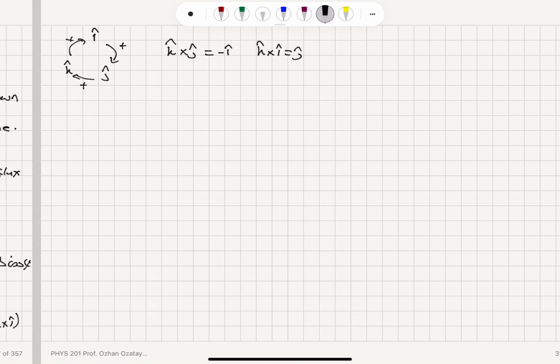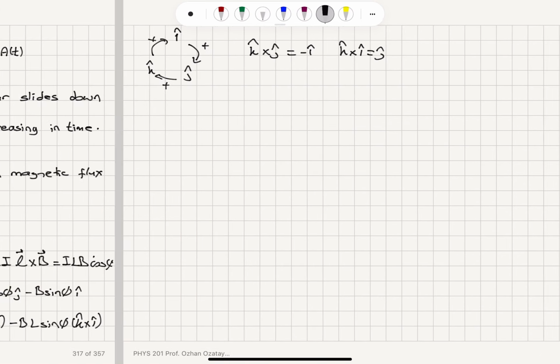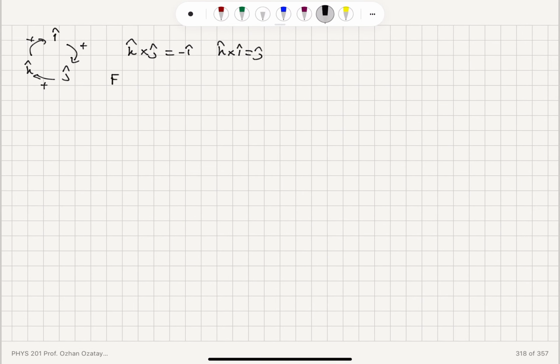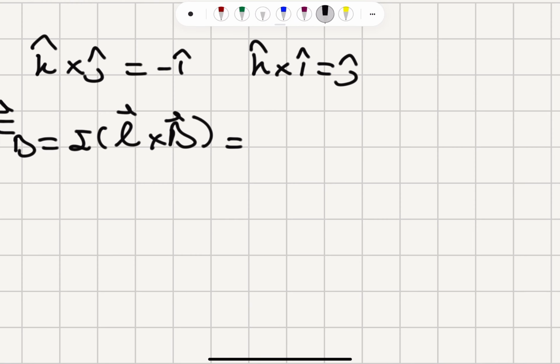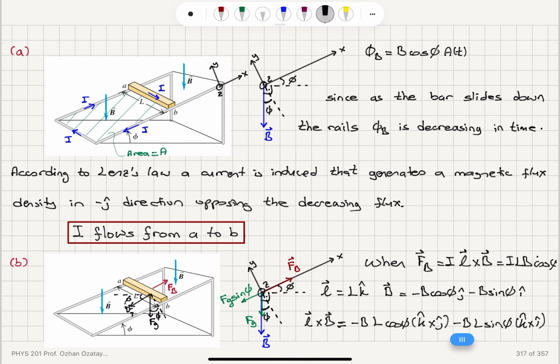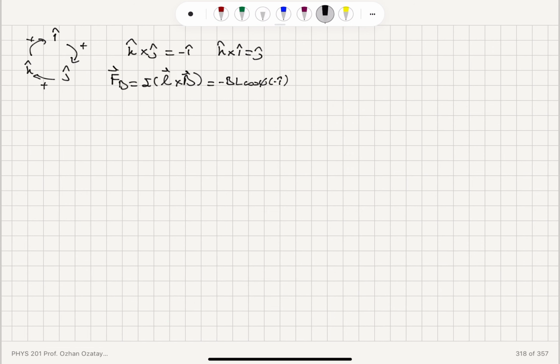So we can see that this magnetic force FB is I L cross B, which is equal to minus BL cosine phi in minus I hat direction, where k hat cross j hat is minus I hat.